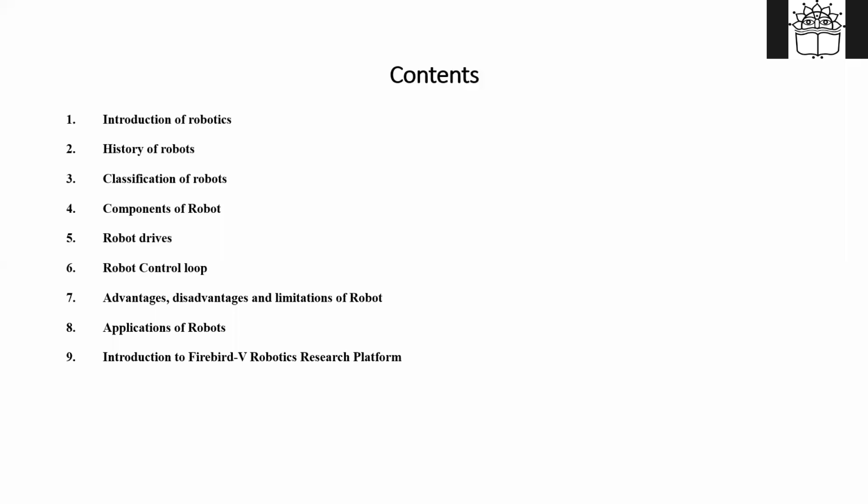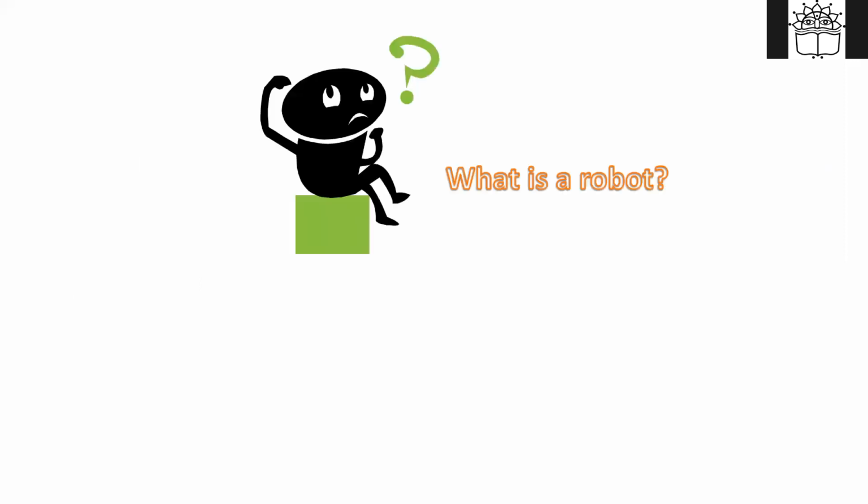In VPKBIT, that is Vidya Pratishthan's Kamal Nayan Bajaj Institute of Engineering and Technology, we are having two types of robots. One is Firebird V and second is Spark V robots. We are having 7 Firebird V robots and we are having 5 Spark V robots. So we will see those robots, right? So let us start.